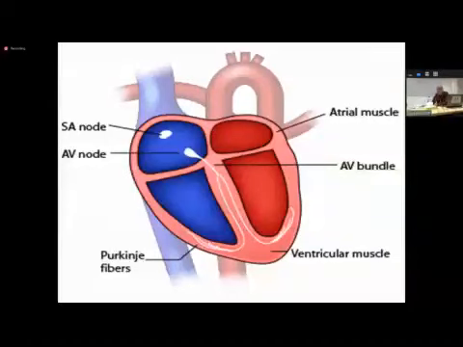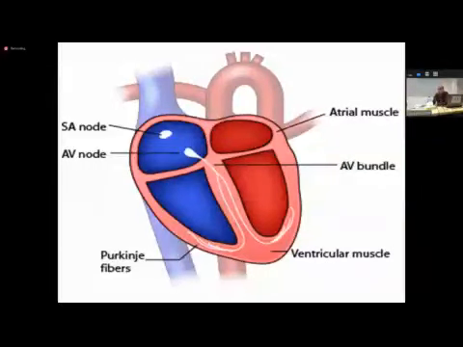The third one, which is called specialized excitatory and conducting myocardium, which I'll be referring to in the rest of the lecture, has very little or no actin and myosin. So the third type of muscle is functionally non-contractile.